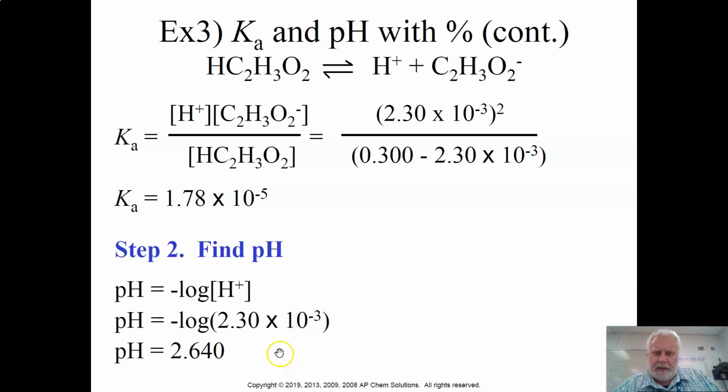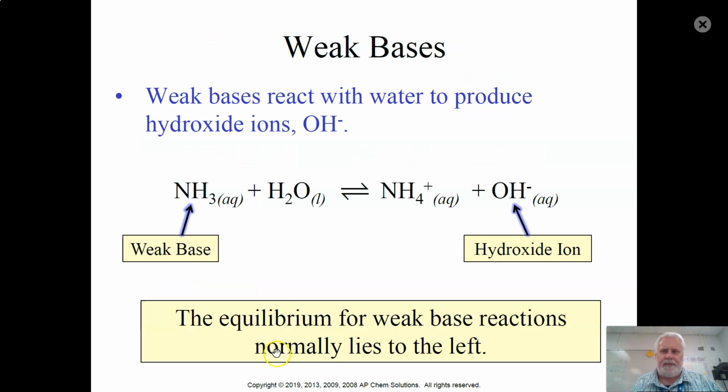Okay, so let's see what we got coming up next here. Defining weak bases will react with water to form those hydroxide ions. The equilibrium, as you would think, normally lies really far to the left because they're weak.